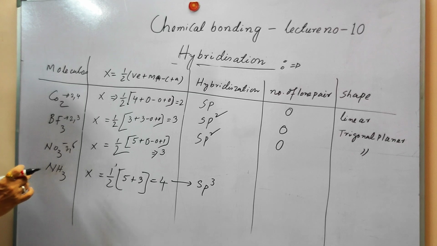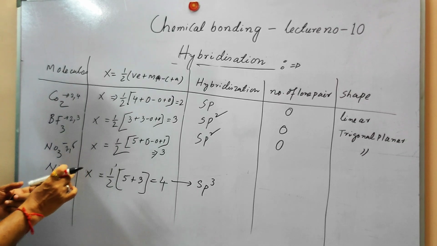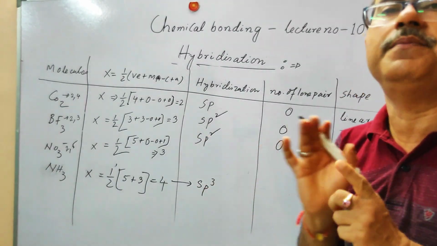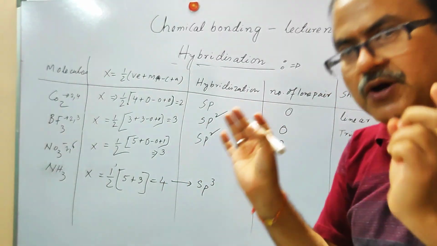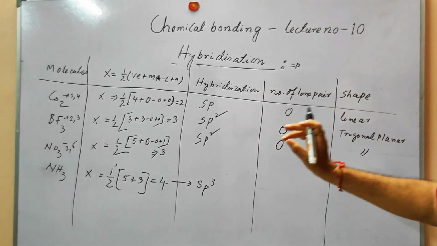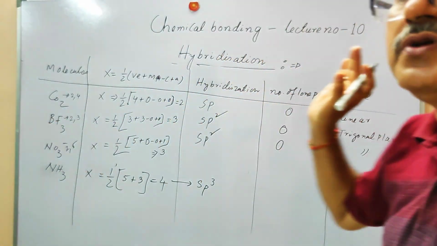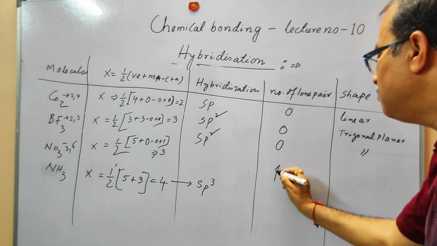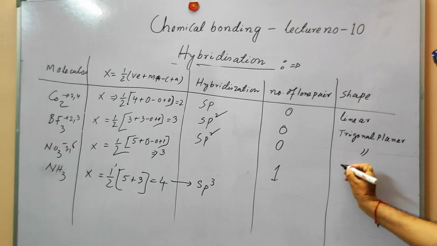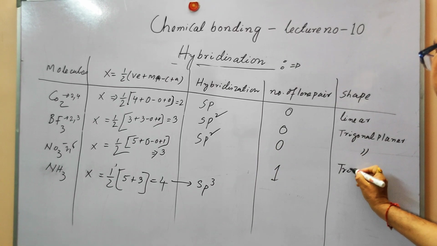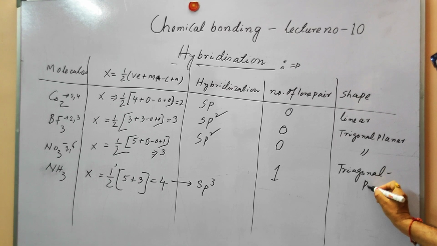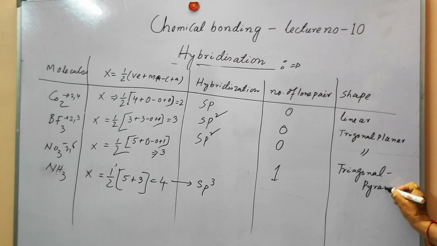Sp3 means 4 hybrid orbitals, because X stands for the number of hybrid orbitals. So the number of hybrid orbitals is 4, but here 3 hydrogen atoms are attached to the nitrogen. So there will be 1 lone pair. At that time, its geometry will be irregular. It will be trigonal pyramidal.